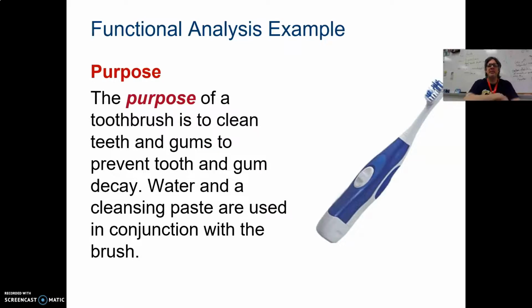They use the example here of the toothbrush. The purpose of a toothbrush is to clean teeth and gums to prevent tooth and gum decay, obviously. Water and a cleansing paste are used in conjunction with the brush. That's the purpose of it. Now, what happens when I hit that on switch?